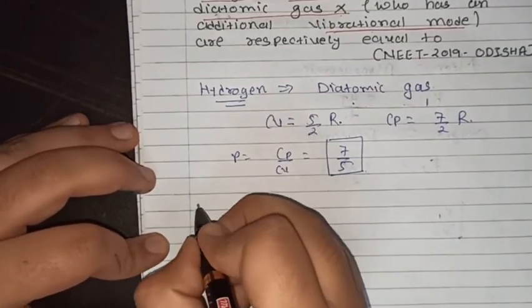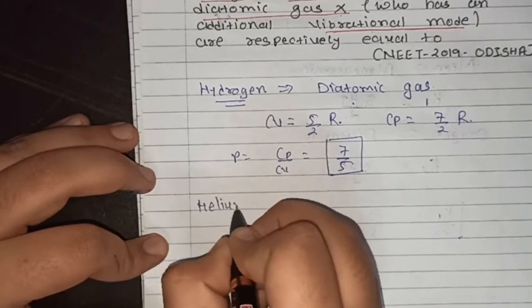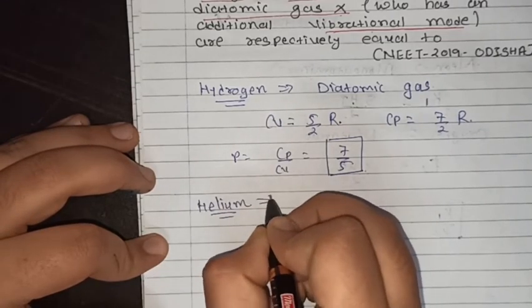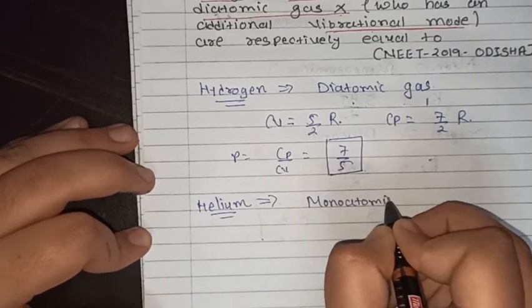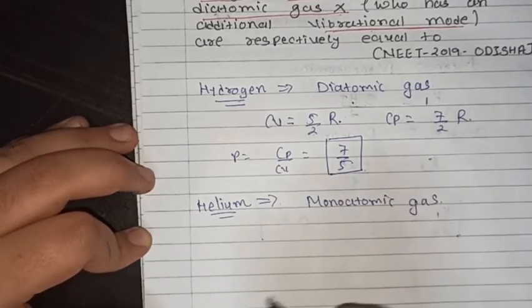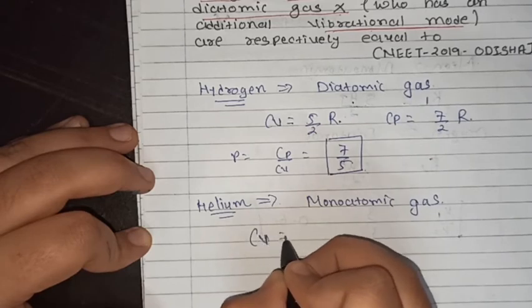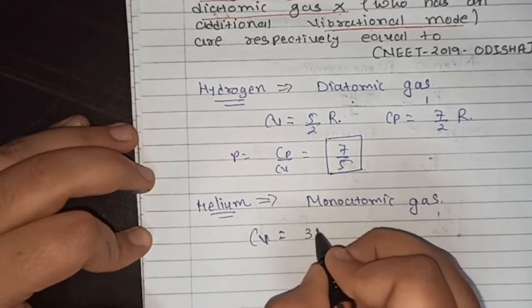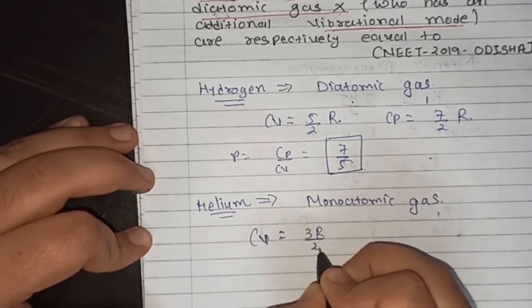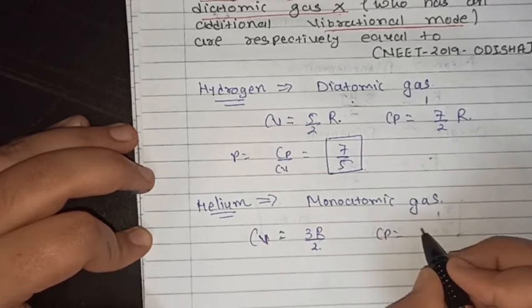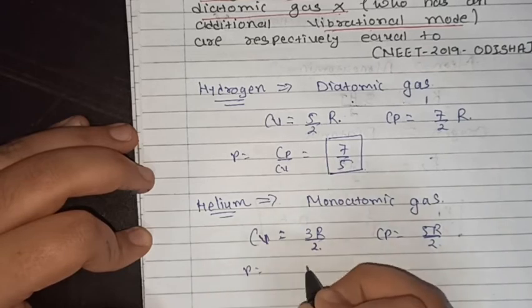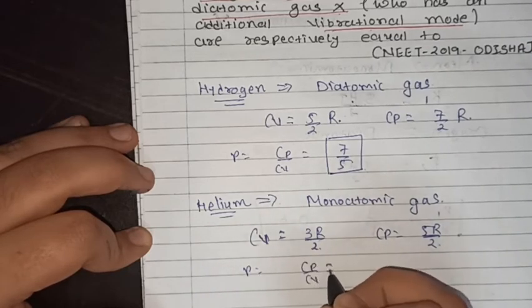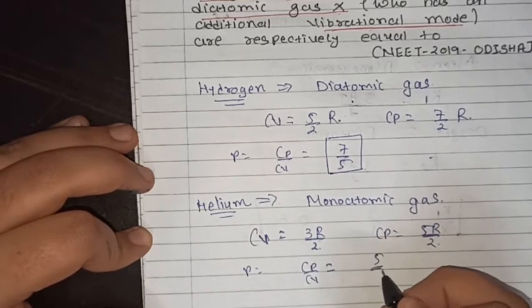Now let us find for helium. Helium is a monoatomic gas. For monoatomic gas, degrees of freedom are 3, so Cv is 3R by 2. Cp is Cv plus R, that will be 5R by 2. Gamma is Cp by Cv, that is equal to 5 by 3.